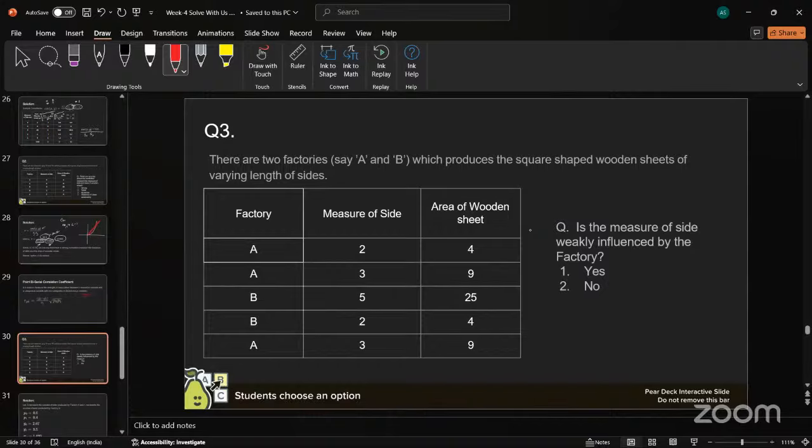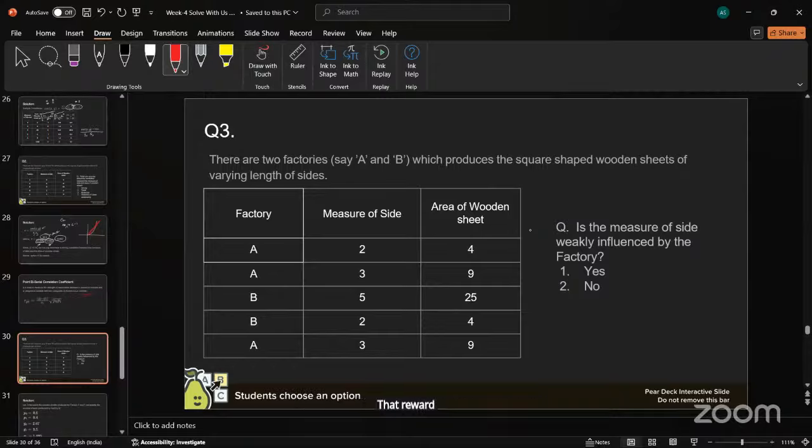Is the measure of side weakly influenced by factory? So there are two factories, say A and B, which produce square-shaped wooden sheets. This is the same data that we got.